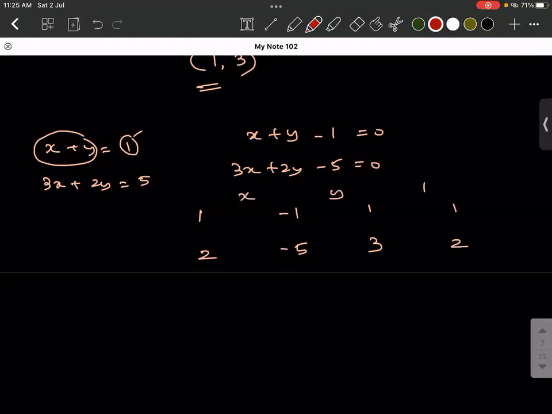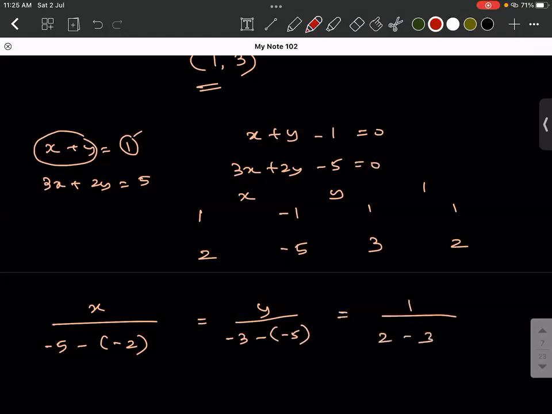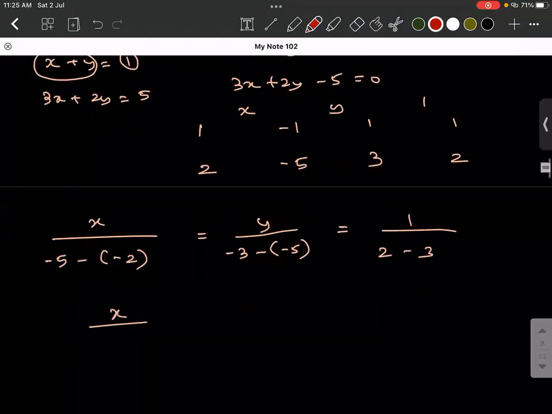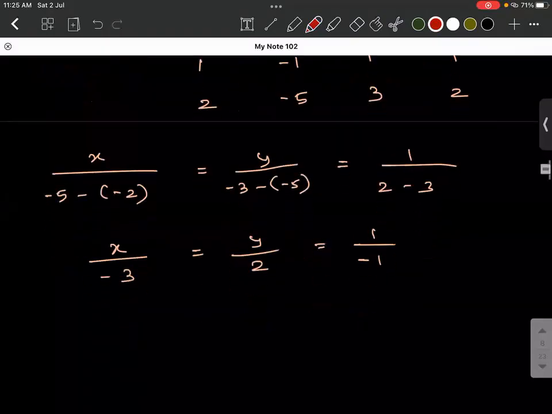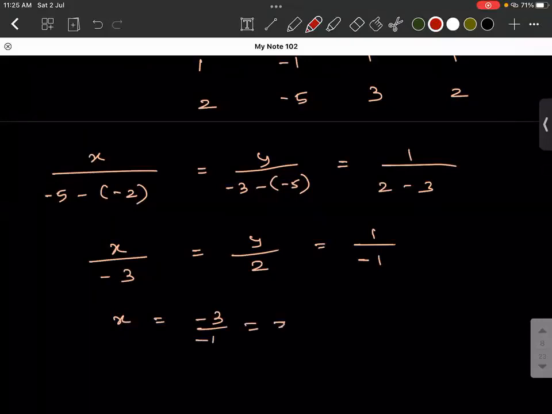Here x, y, and 1. So x divided by minus 5 minus of minus 2 is equal to y divided by minus 3 minus of minus 5 is equal to 1 divided by 2 minus 3. So x divided by minus 3. So x will be equal to minus 3 by minus 1, which is 3.